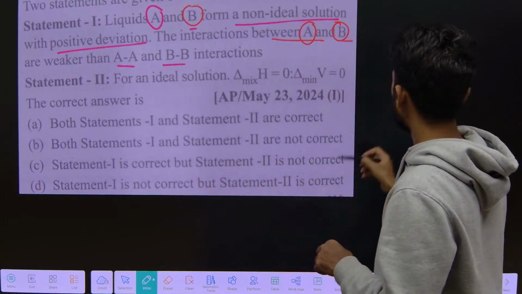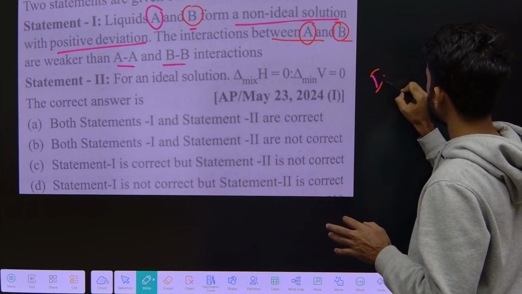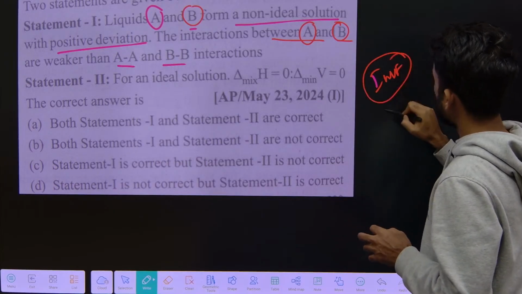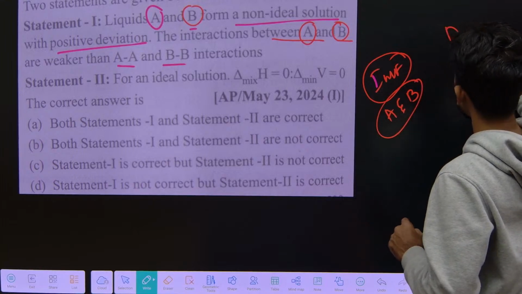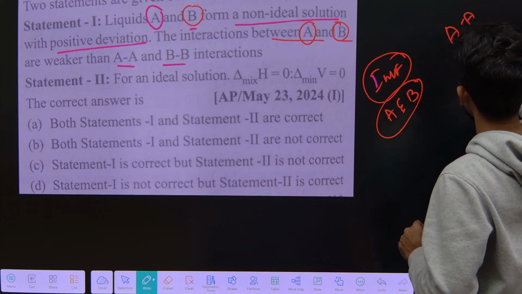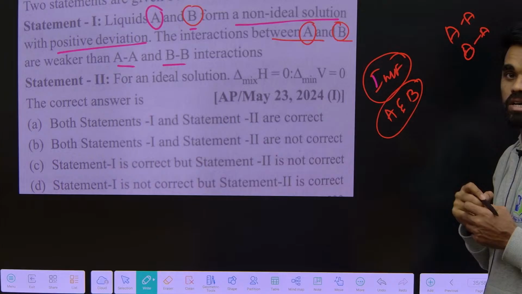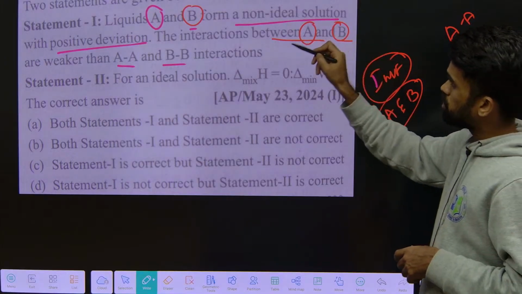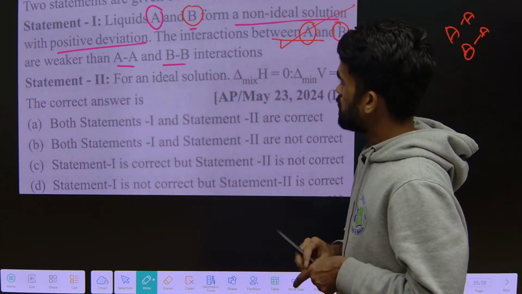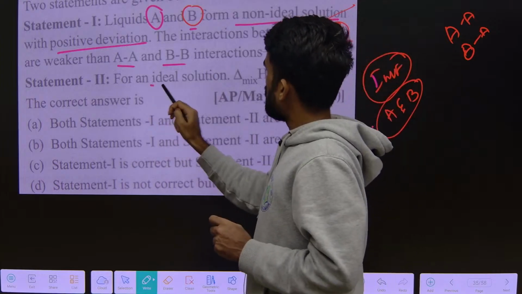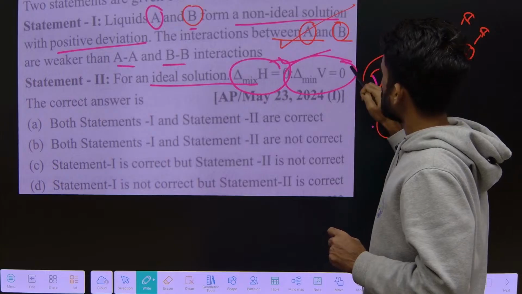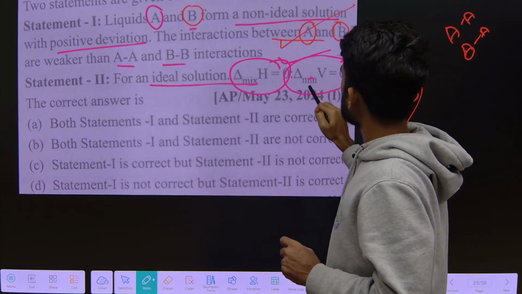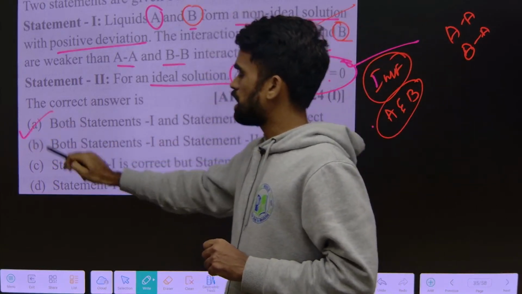Whenever the intermolecular forces between different components like AB are weaker than in the pure components like AA or BB, they show positive deviation. So statement 1 is perfectly correct. Statement 2: for an ideal solution delta H mix is equal to 0, and delta V mix is also equal to 0. Both statements are correct. So option A will be perfect.